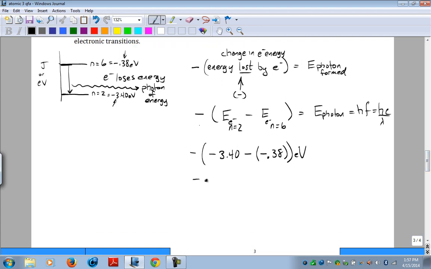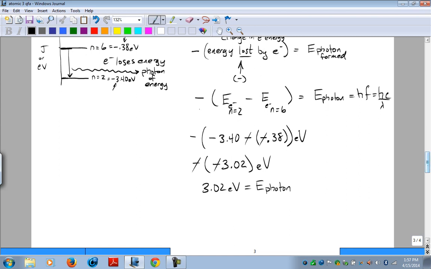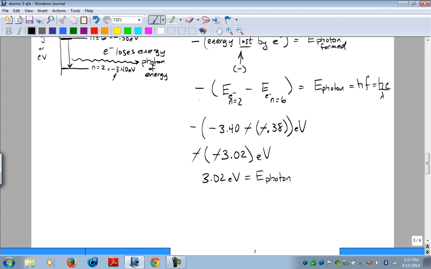So these two negatives become positives, and you have 3.02. So it's 3.02 electron volts is the energy of the photon that formed, was emitted, got shot out of the atom that had an electron go from the sixth to the second principal energy level.